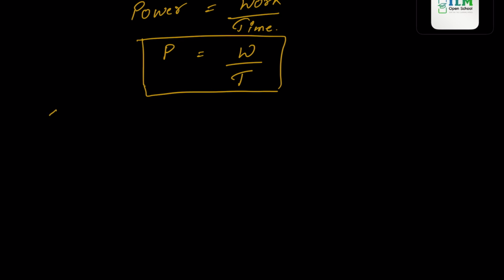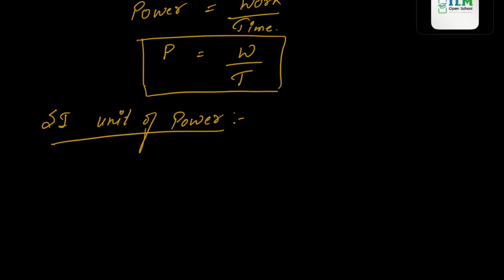Now we will talk about the SI unit of power. What is the SI unit of power? To find out the SI unit of power, we see the SI unit of work and the SI unit of time. The SI unit of work is joule, and the SI unit of time is second.